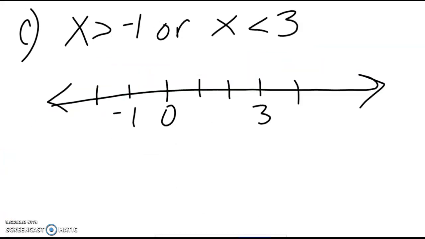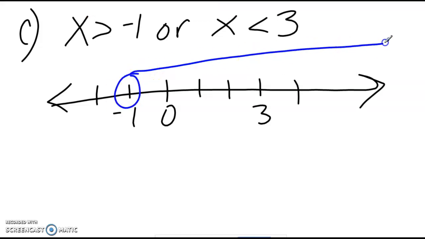Okay, so how do I show x greater than negative 1? Open or closed circle? Open at negative 1, and greater than would be right. Okay, oh, I know why you're asking that. Okay, less than 3, how do we show that? To the left.